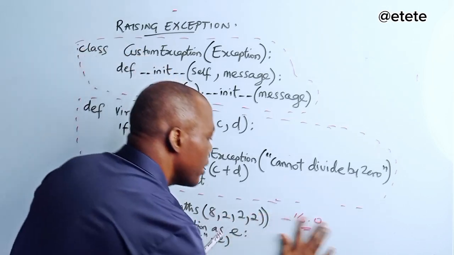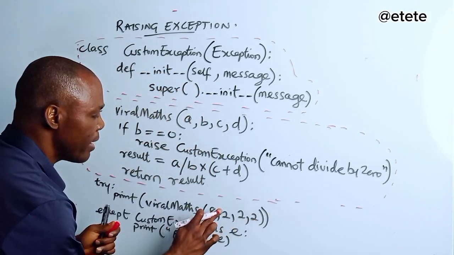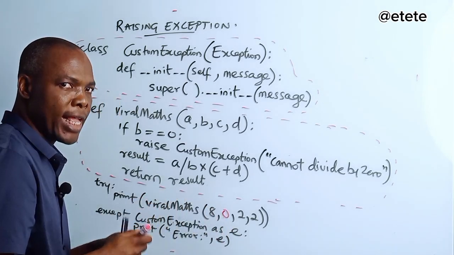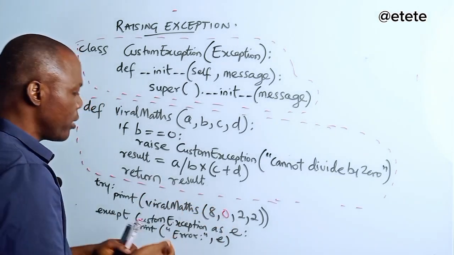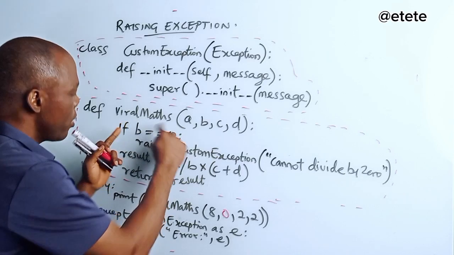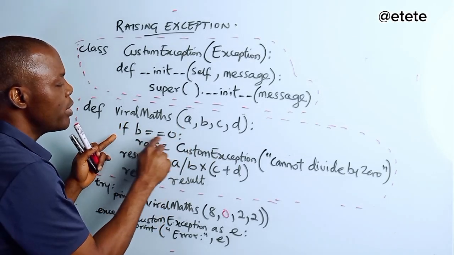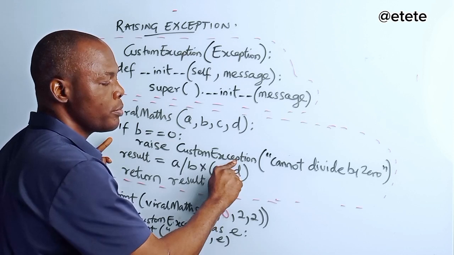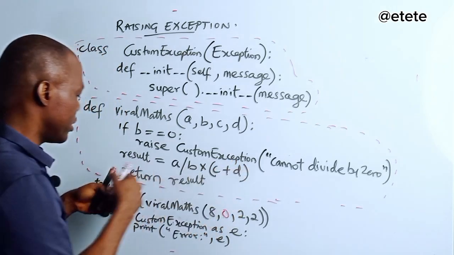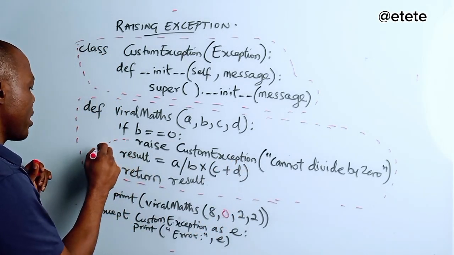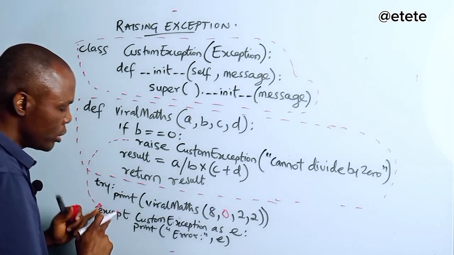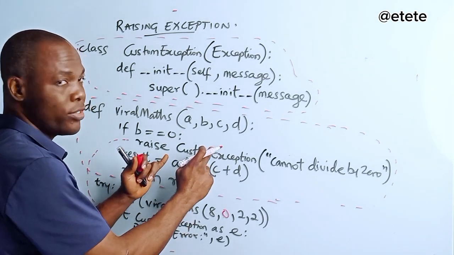All right. So now I am going to change this value to 0, like I did in the last class. So once I change this to 0, 0 will be given to B. When it comes in, if B equals 0, which is true, go in and raise custom exception. Once this exception is raised, it will go from here to this one. So this one will catch the custom exception that is raised.